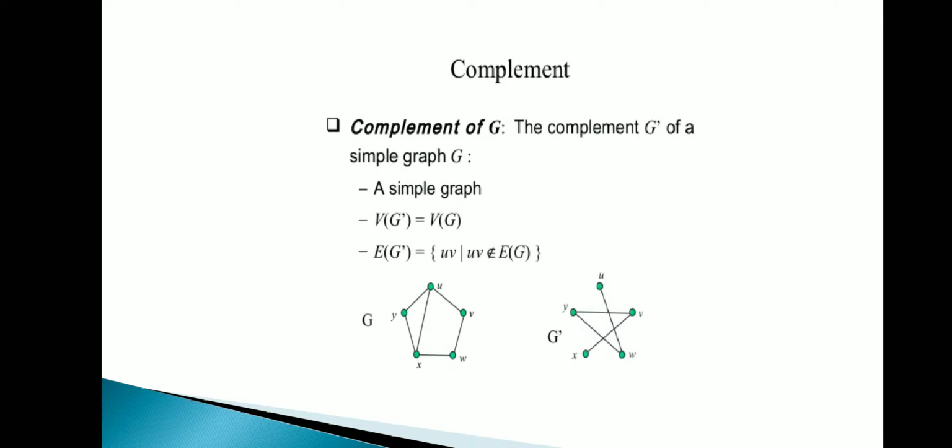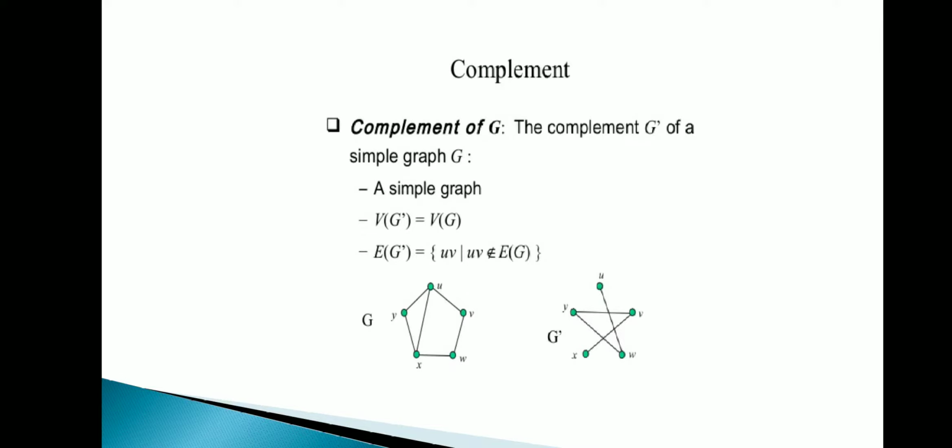If a line is in G dash, it is not a line in G. For example, the line UY is in G but not in G dash, and also UV, VW, XW, XY and XU. These lines are not in the complement graph G dash.